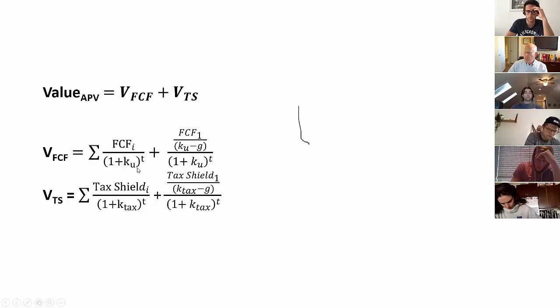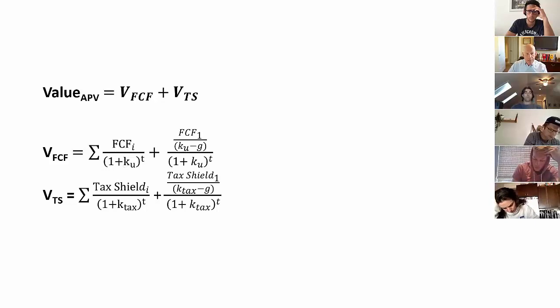If we were using the same cash flows for all of this, and if we're using the same discount rate for all of this, so if this is supposed to give us the same outcome as the free cash flow model, then we must be able to use, or we have to use, different discount rates.